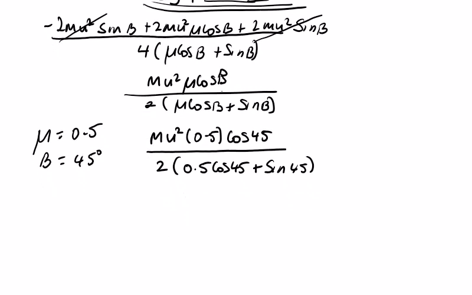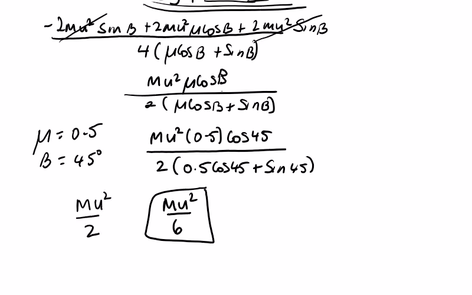Typing this into a calculator, I'm just typing in 0.5 cos 45, and over the bottom, it's giving me 1 over 6, so it's going to be u squared over 6 is the loss. It started as a half u squared, over 2, so it's gone from u squared over 2 to u squared over 6.